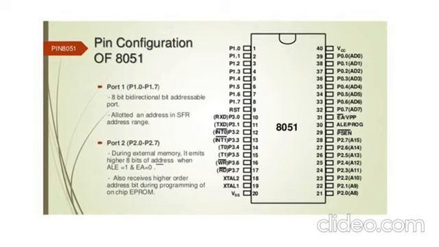Then if I want to write 01H in port 0, in hexadecimal format, for the decimal value 1, I write it as 01H. What can I do? It already has 00H. So instead of rewriting all the zeros and the one, I'll just change P0.0 from 0 to 1.